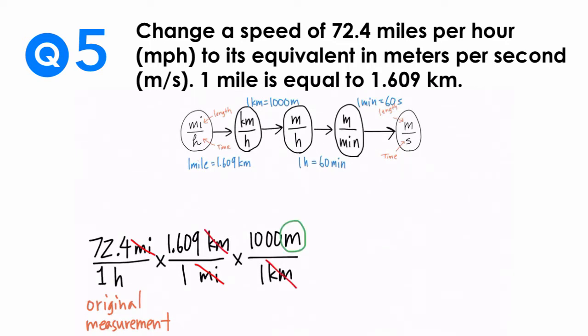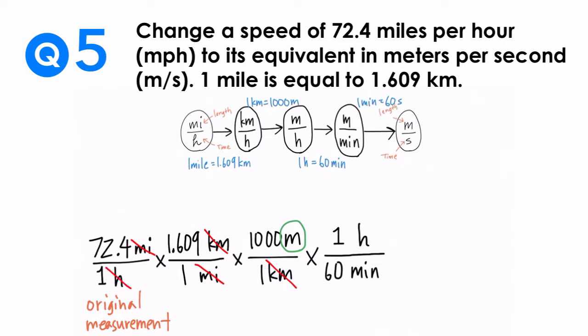Notice that this hour is still here. Now we're going to convert that into seconds. So to get rid of hours, which is on the bottom, we want to choose a conversion factor that has hours on the top: 1 hour on the top and 60 minutes on the bottom.